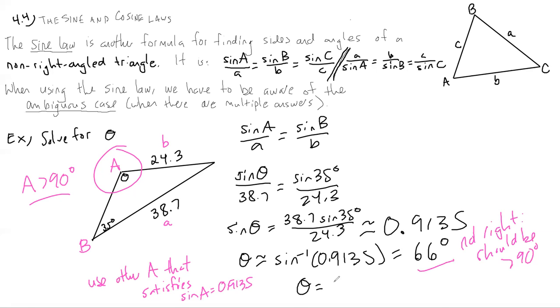So the actual answer will be 180 minus 66, which is 114 degrees. That is your answer for this question. That should look decent with the picture that I've given. So try to look out for that. It's always a worthwhile exercise to make sure that your answer looks or sounds right in the context of any question. So this is just further emphasis of the value of checking answers.